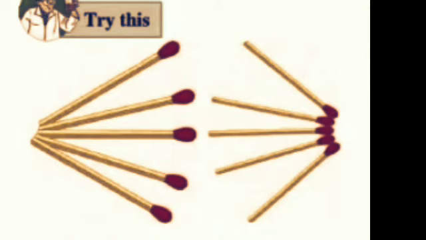In this arrangement, the heads of the matchsticks are said to have converged. Second, now arrange the sticks so that their uncoated ends are together at a point. The heads are spread apart, and in this arrangement, the heads are diverging from the point.